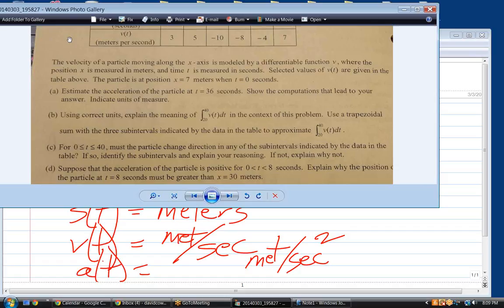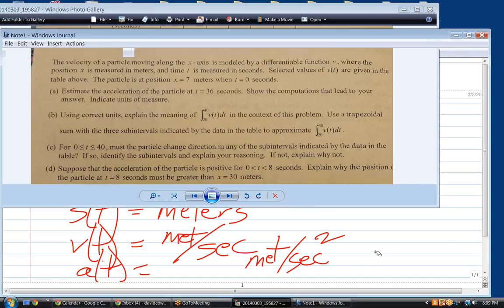If I want to know the net distance traveled, which is, what's the word I'm trying to think of? Can't think of it. There's two things. There's the net distance traveled and there's the total distance traveled.